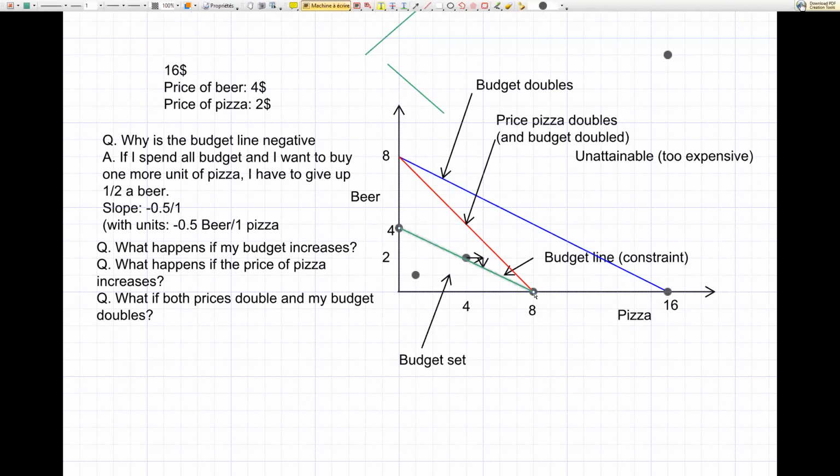So that will be here. You see, every time the prices increase, the total number of goods I'm able to buy decreases. Okay, again, this is more advanced, so that's all the time I want to spend on that.